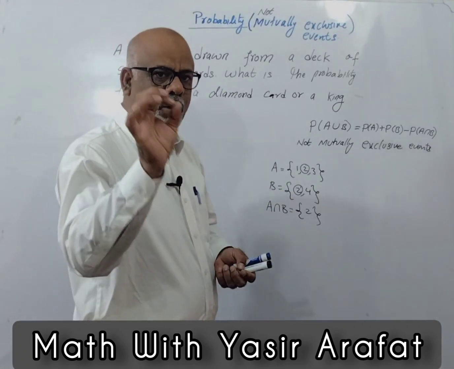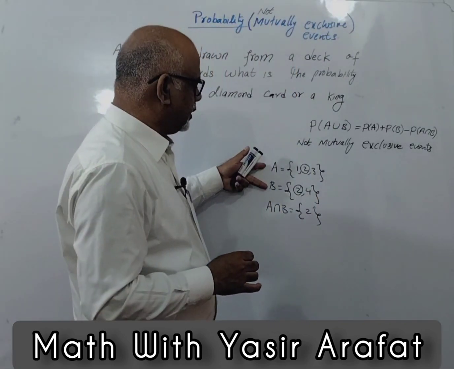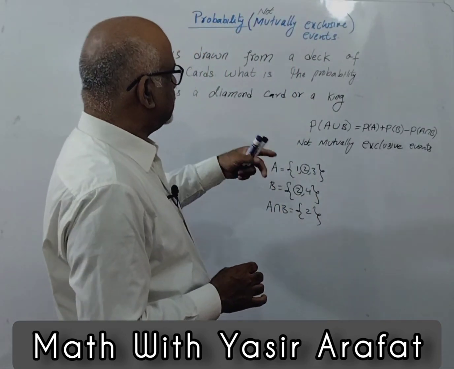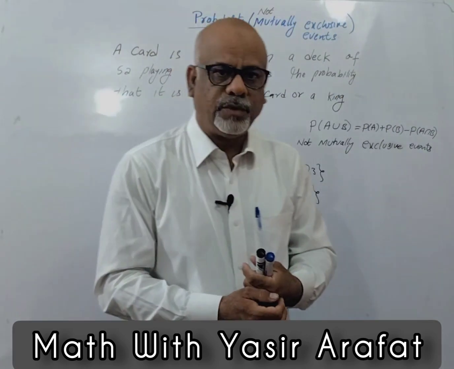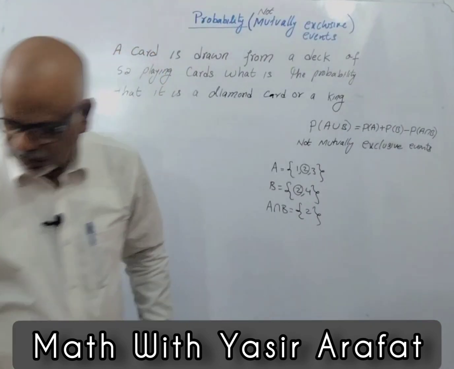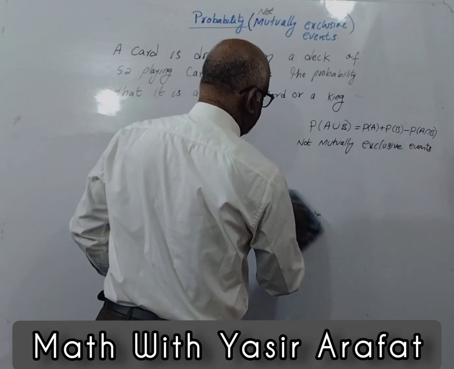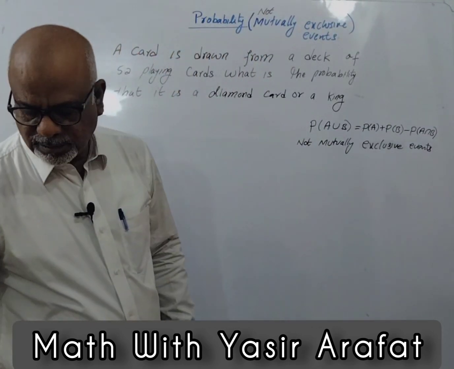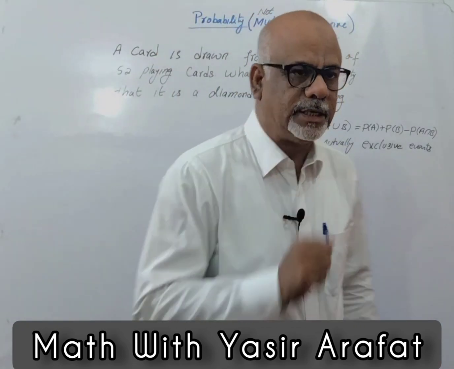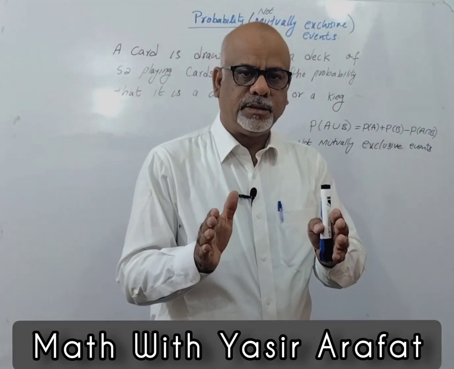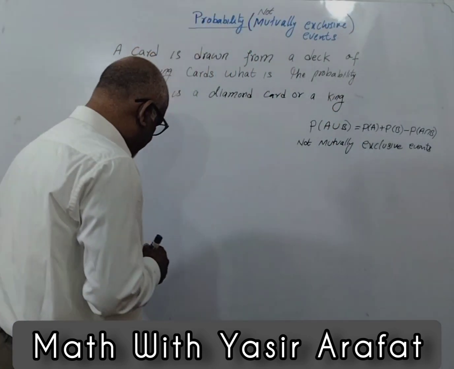If there is something common between two sets, those sets are called joint sets. This is called not mutually exclusive events when we have to find out the probability here. Joint sets mean some elements are common between two sets.